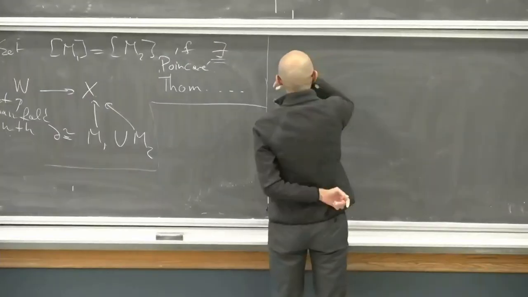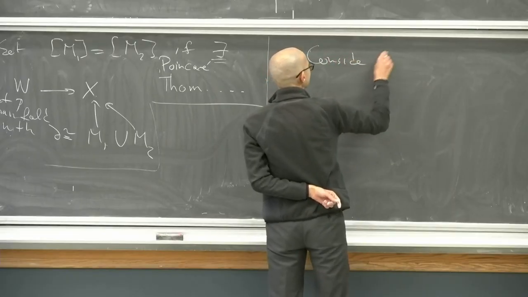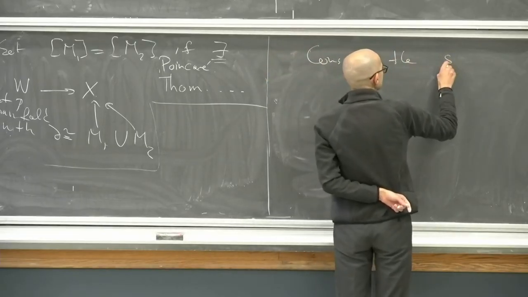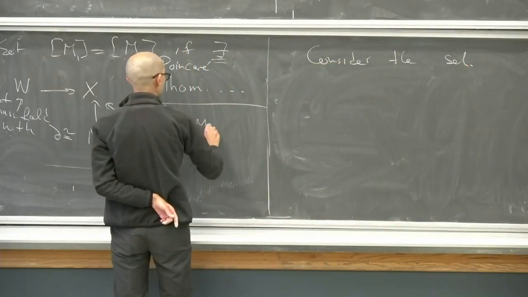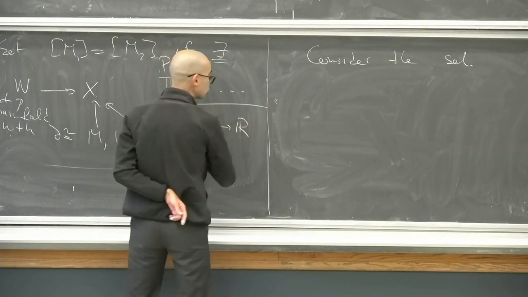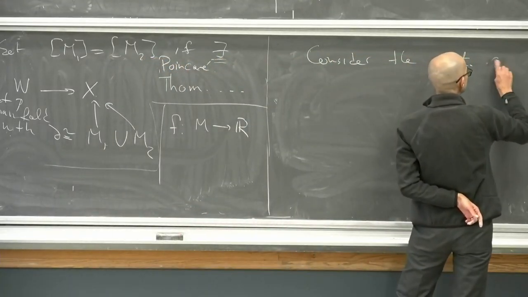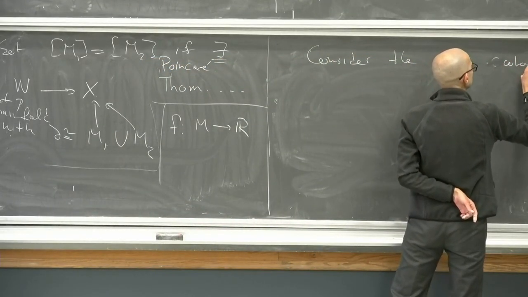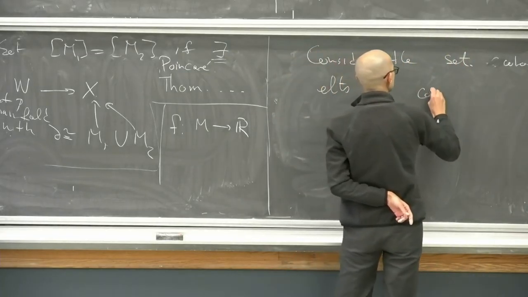So we're going to consider the following things. Consider the set, and we have fixed f from our manifold to R, which is our Morse function. The set, whose elements, and here I'm going to write some kind of curly N, consists of the following data.